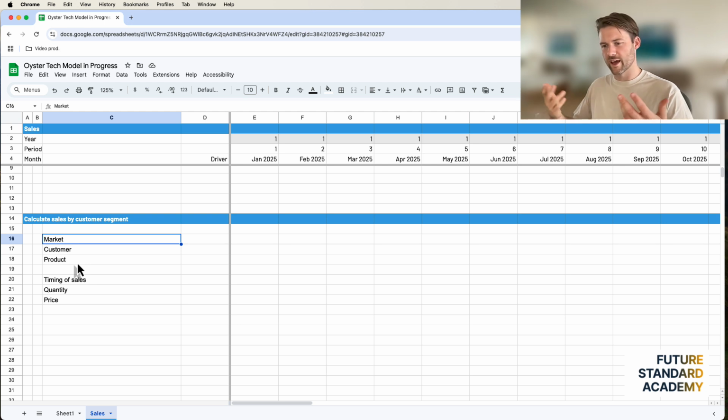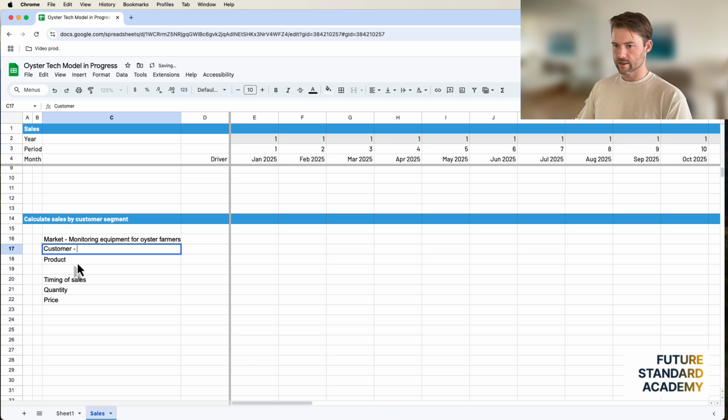But the point is, it's a monitoring system. So the market in Oyster Tech's case is monitoring equipment for oyster farmers. The customers are oyster farmers, and the product is hardware and software.